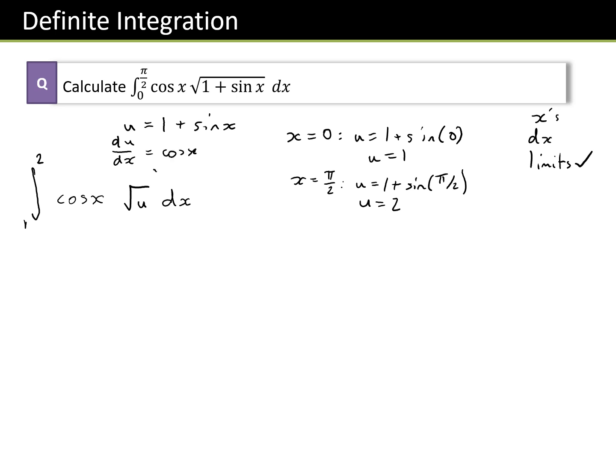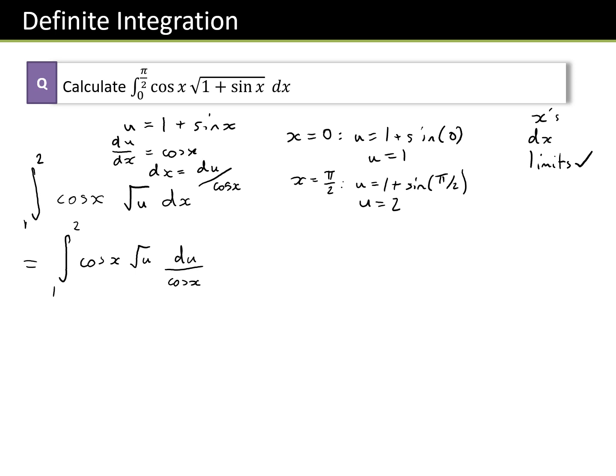And now dx, like the previous example, dx is going to be du divided by cos x. Okay? So now let's focus back on this. So integral of 1 and 2 of cos x square root of u, dx is du over cos x.